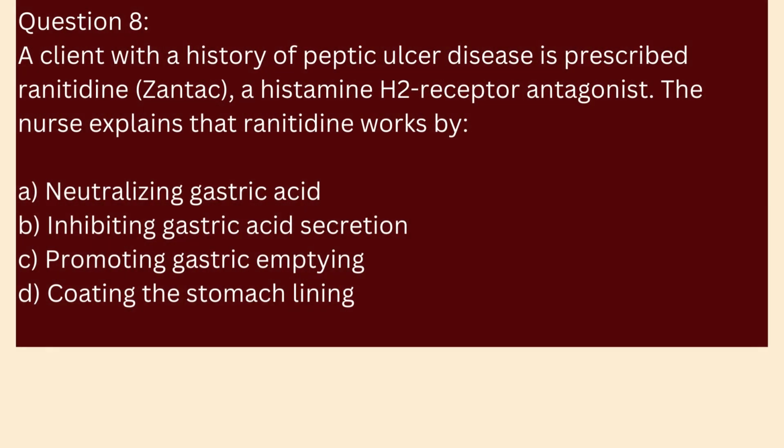Question 8. A client with a history of peptic ulcer disease is prescribed ranitidine, Zantac, a histamine H2 receptor antagonist. The nurse explains that ranitidine works by A. Neutralizing gastric acid. B. Inhibiting gastric acid secretion. C. Promoting gastric emptying. D. Coating the stomach lining.